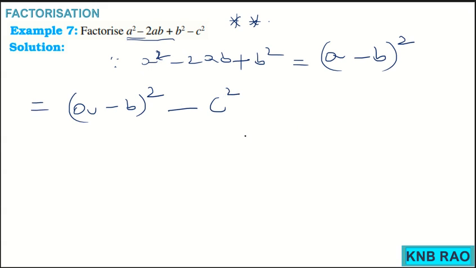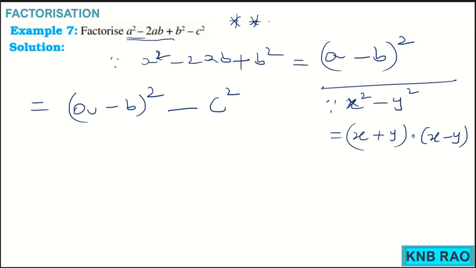Now, you know, children, we can change the variables. Instead of a square minus b square, I can write x square minus y square is equal to x plus y into x minus y. This is the third standard algebraic identity, but the letters are different.